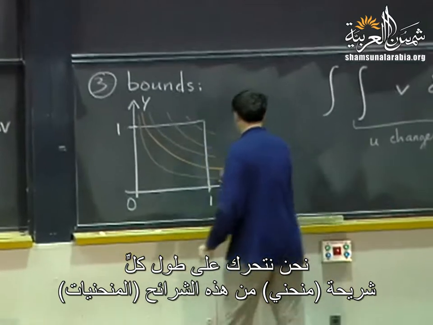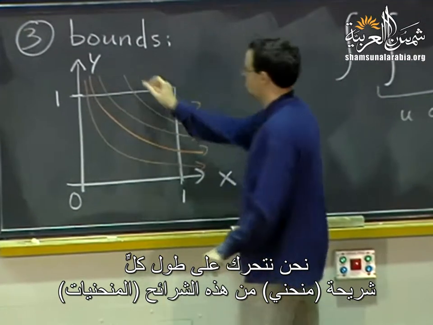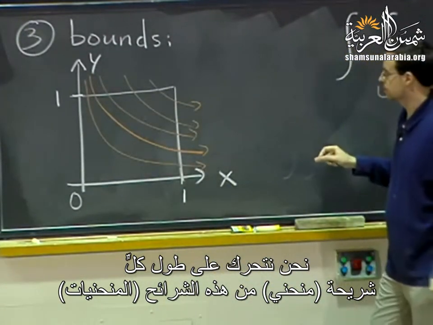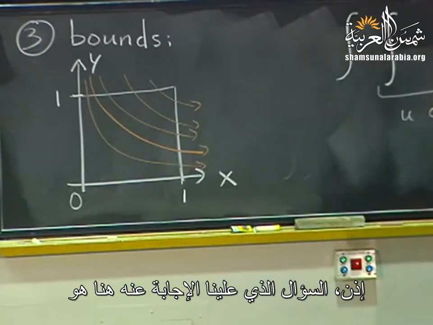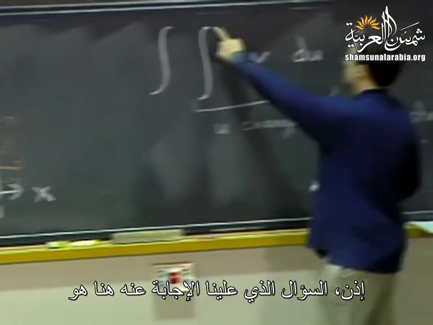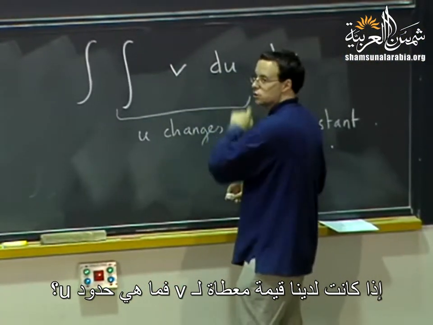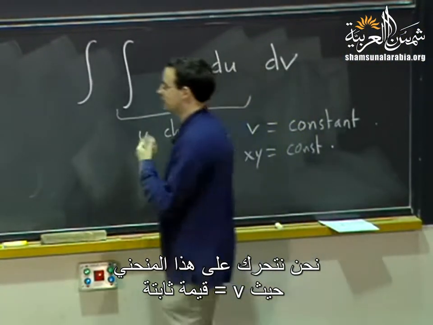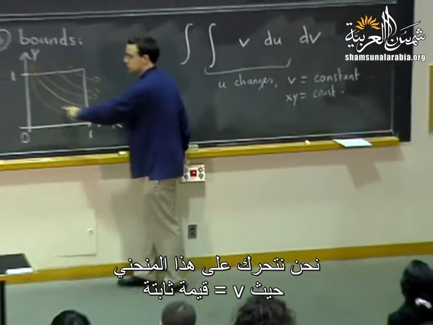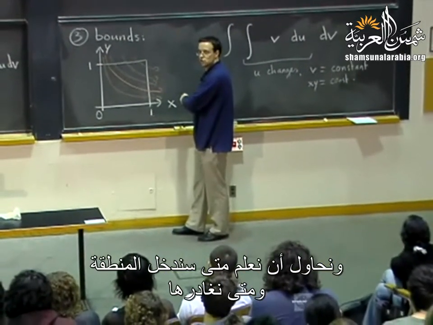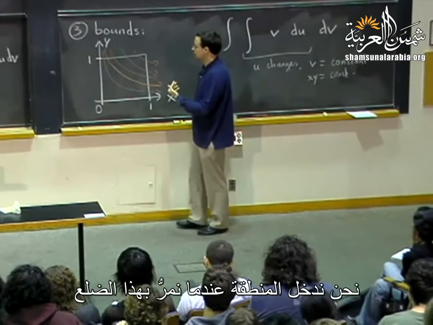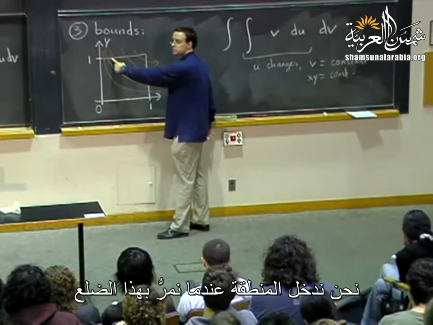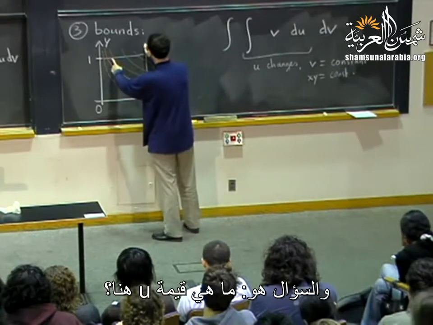So we're just traveling on each of these slices. Now, the question we must answer here is, for a given value of v, what are the bounds for u? So I'm traveling on my curve v equals constant, and trying to figure out, when do I enter my region? When do I leave it? Well, I enter it when I go through this side. So the question is, what's the value of u here?